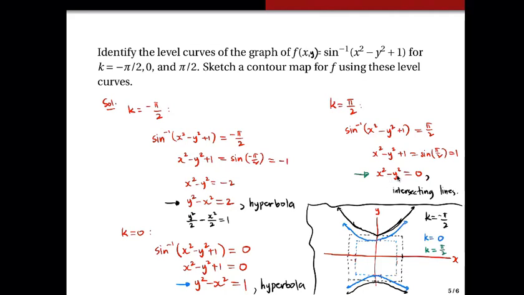This is the intersecting lines with equations x equals y and x equals negative y. So the intersecting lines will be this guy here. This is one of them, and then this is the other guy. Okay, so the green part, it's for the level curve, k equals pi over 2.